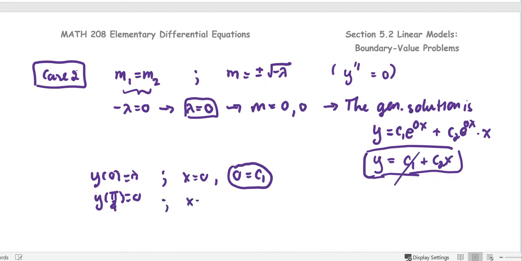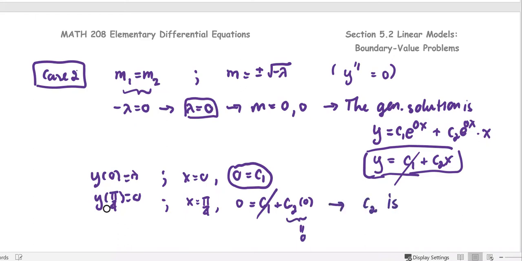How about when x equals pi over 4? y is still 0. So 0 equals c1 plus c2 times 0. It's true because c1 is gone, and c2 times 0 is 0. So then c2 could be anything.